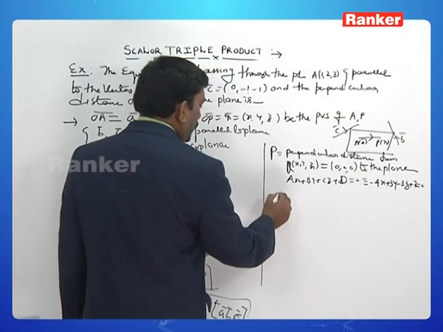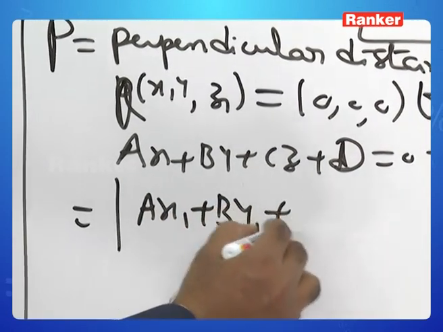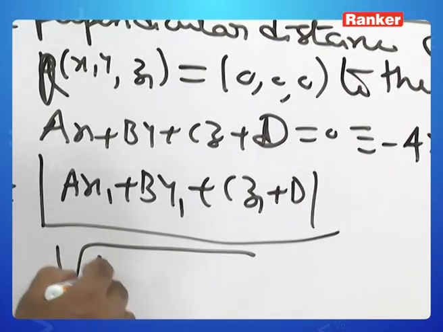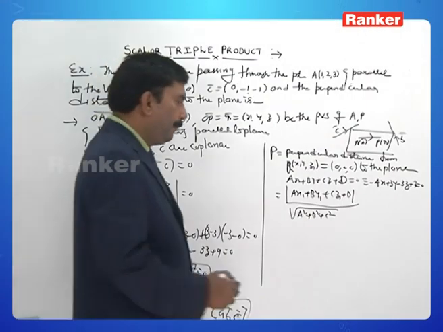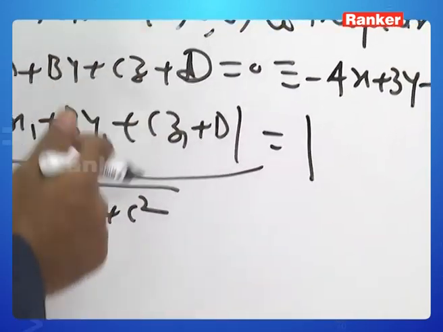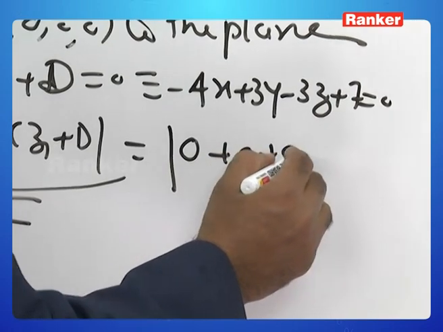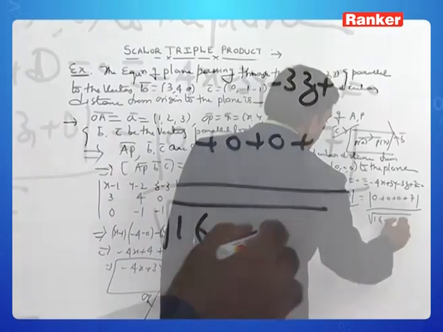The distance is modulus of ax1 plus by1 plus cz1 plus d by square root of a square plus b square plus c square, right? Now substitute 0, 0, 0: 7 by square root of 16 plus 9 plus 9.